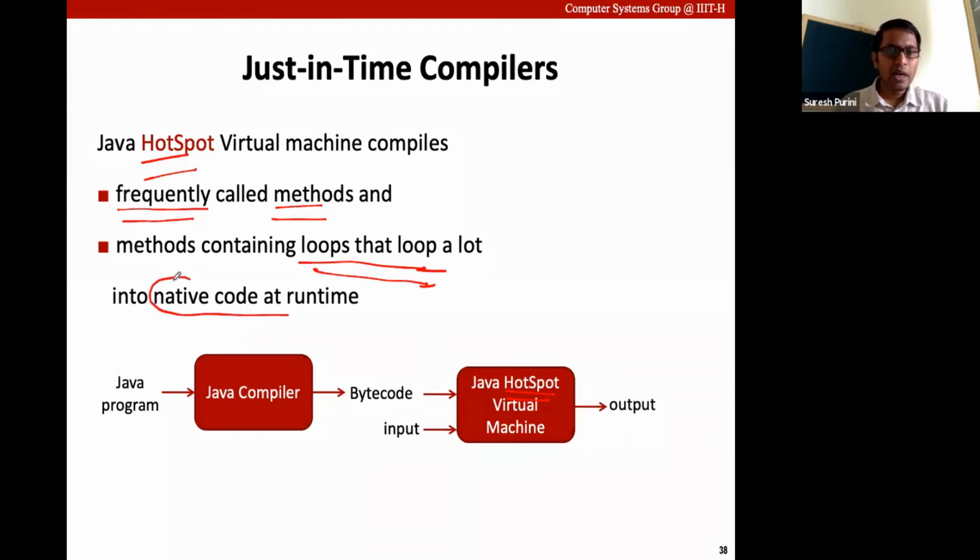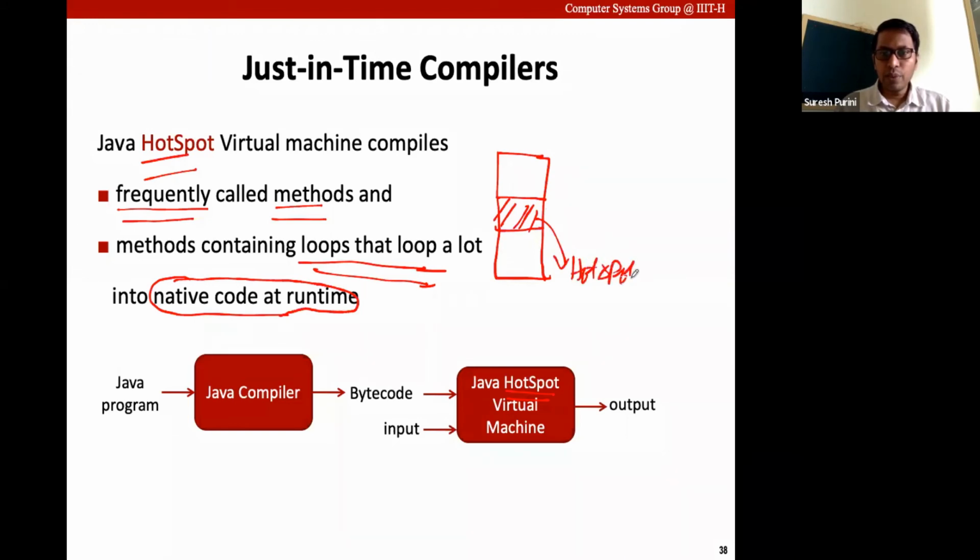As your Java virtual machine is interpreting your bytecode, it identifies the hotspots. For example, if this is your whole bytecode program, and this is a segment of the code which is a hotspot, the virtual machine dynamically translates it into native code.